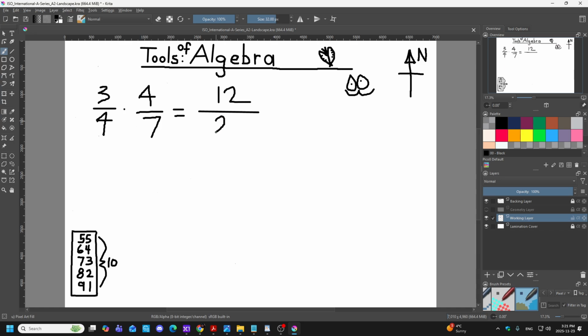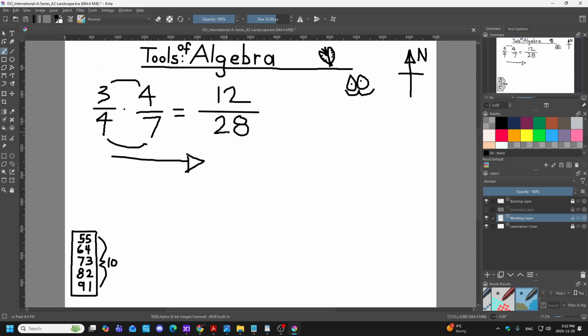7 times 4 is 28. We can clearly see, well, I could have canceled right in the beginning here, guys and gals. I could have saved some time, right? So I'm kind of moving forward. What I mean by forward is I'm multiplying these together, we get 12.